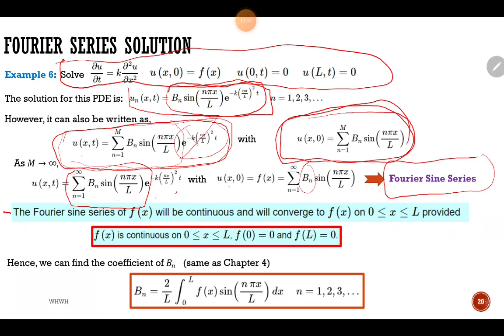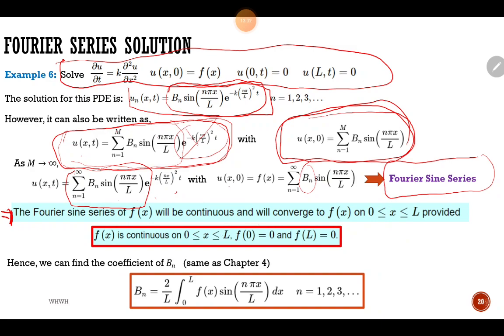So you should take note kat sini dululah. Okay, the Fourier sine series of fx will be continuous and converge to fx from 0 to L provided fx is continuous.